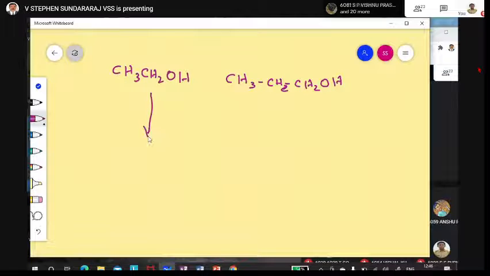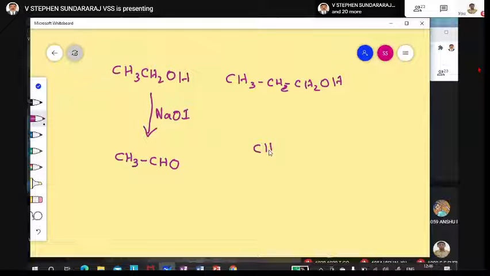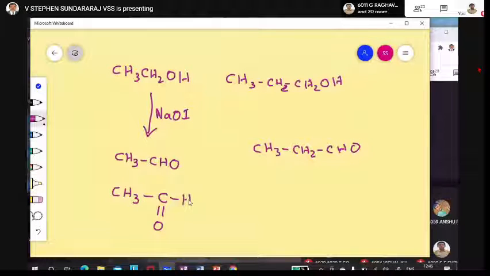This is the iodoform test, with sodium hypoiodide as the oxidizing agent. What will happen? Here CH3CHO, and here CH3CH2CHO. I am writing the expanded form: CH3C=O here, and CH3CH2C=O here.